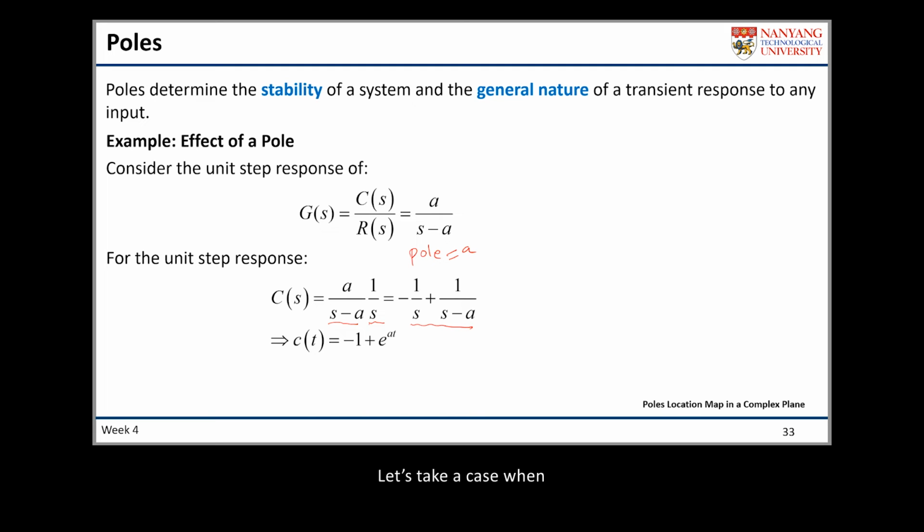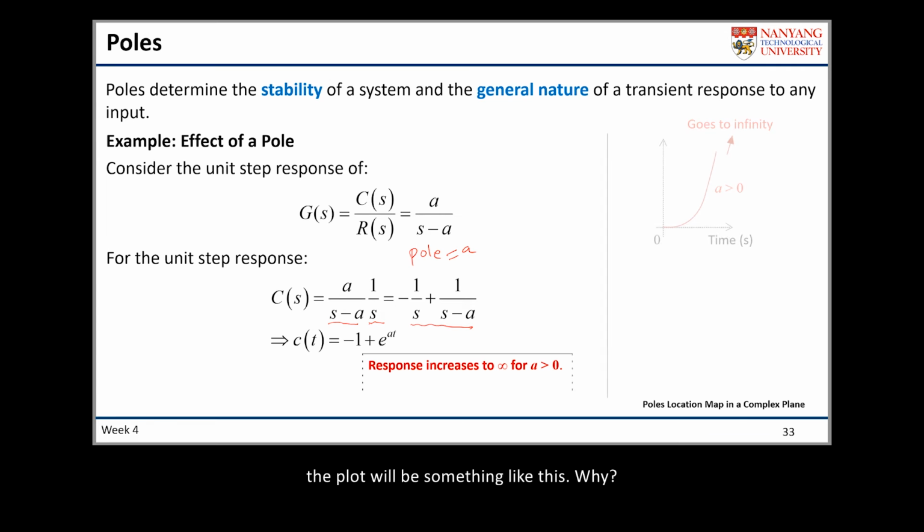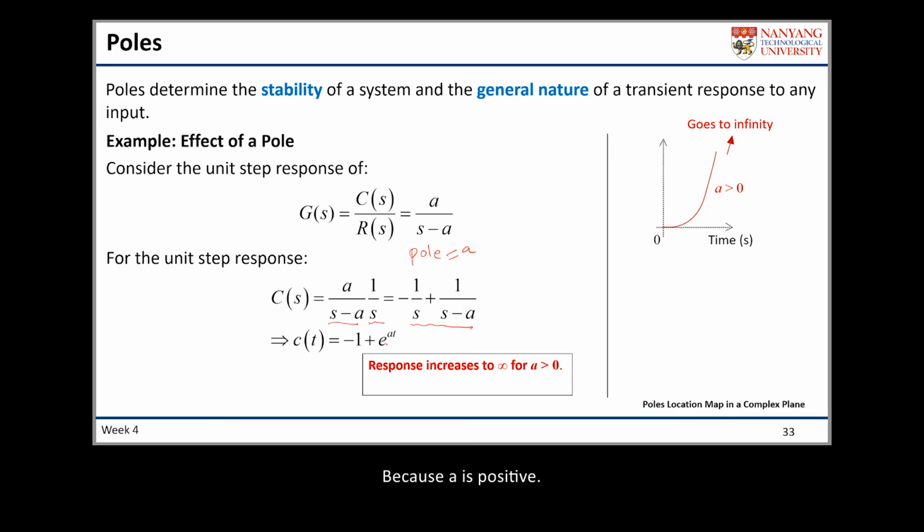Let's take a case when a is positive. When a is positive, any positive real number, if you plot the response c(t) in time, the plot will be something like this. Why? Because a is positive. If t is increasing, the exponential of a positive number will go to infinity.